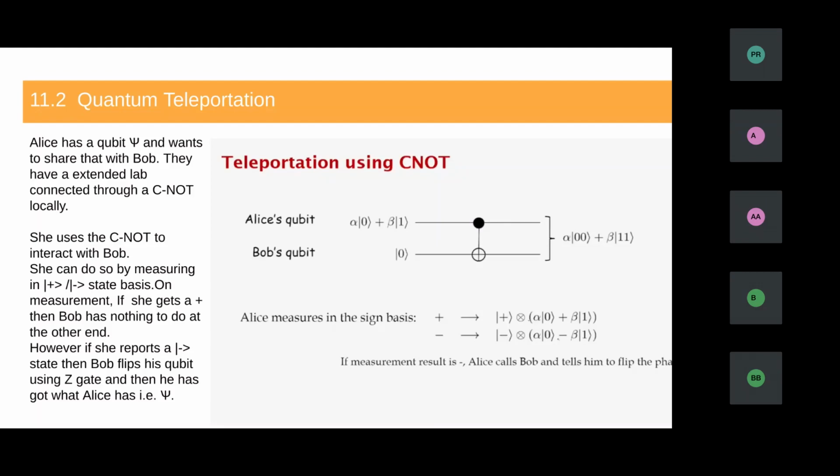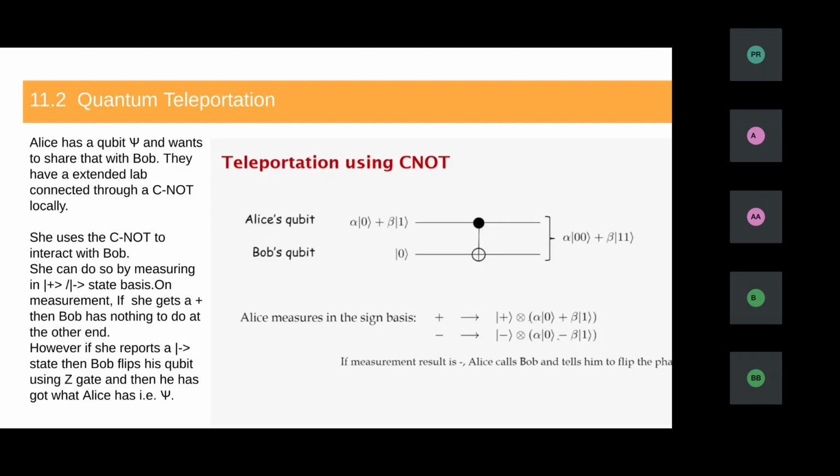Because it is not possible to clone, we know, but can we somehow reach a point where some operation on either side can help them do what they want? Yes. That is the term teleportation, and we'll do it using C naught.